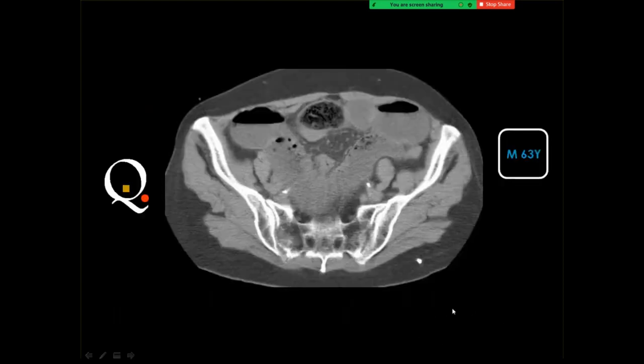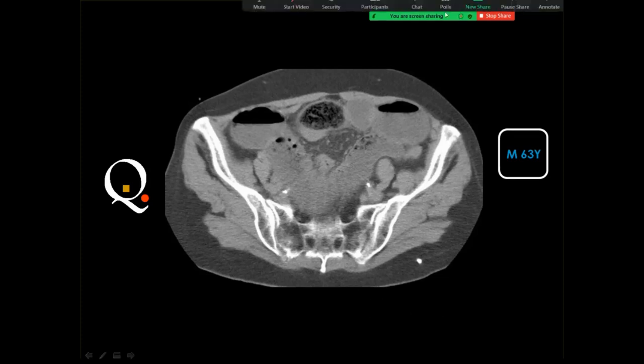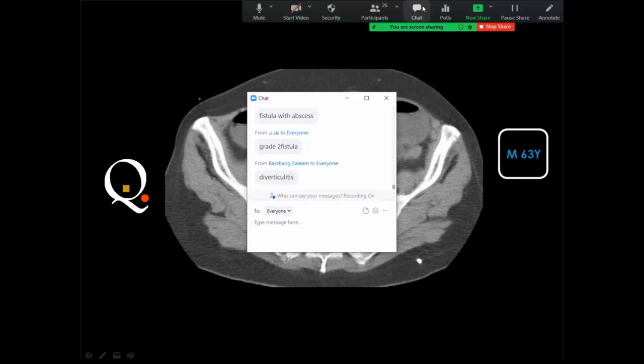This patient is 63 years old, presenting with intestinal obstruction. And the cause of obstruction is present in this CT image. No, it's not diverticulitis.